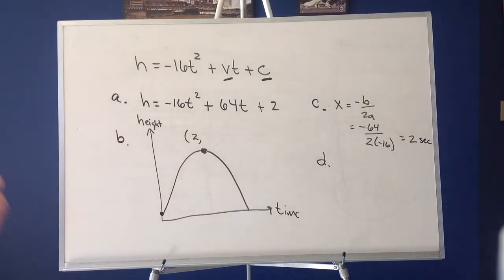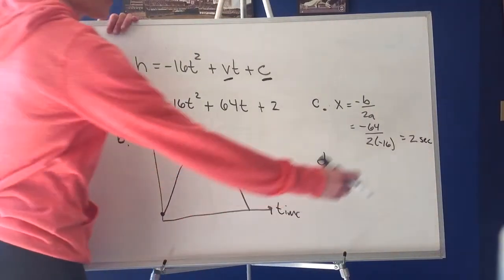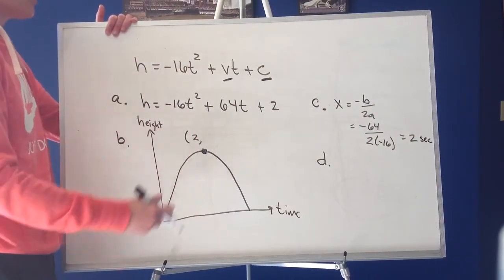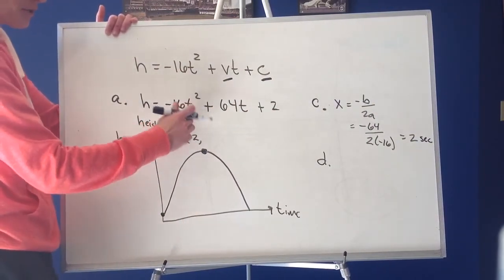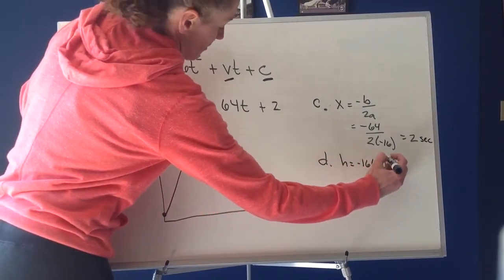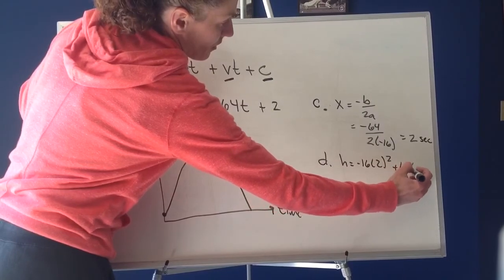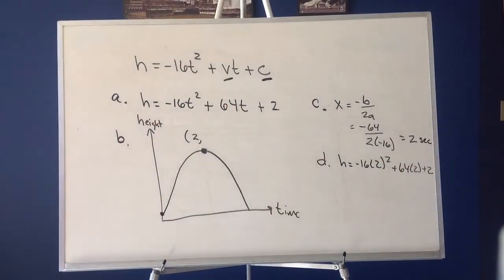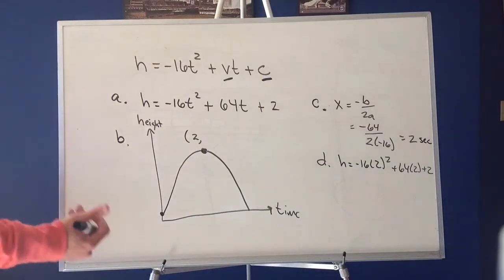Okay, part D says, what is the maximum height? Well, to find the maximum height, plug your 2 back in. It just means find the rest of the vertex. So in this case, if I plug my 2 back in, if you plug that in the calculator, you'll end up getting a height of 66.